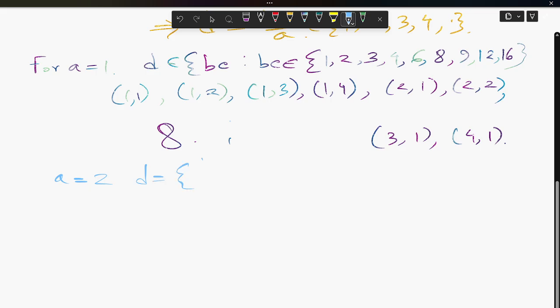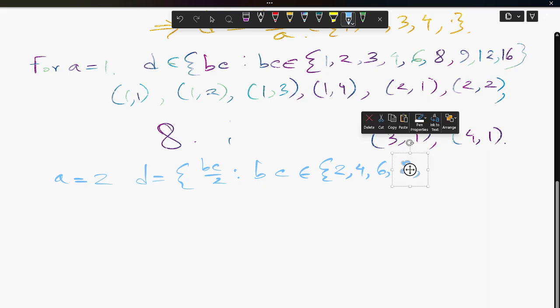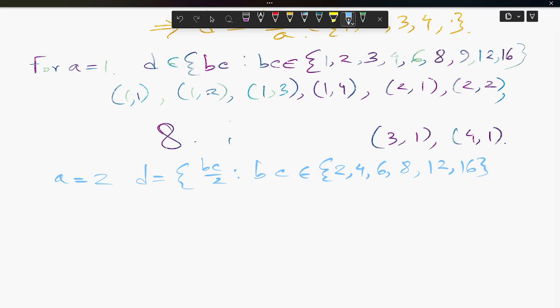Then D will be equal to BC by 2, and BC will be in 2, 4, 6, 8, 12, 16. Okay, so now the valid choices will be what?